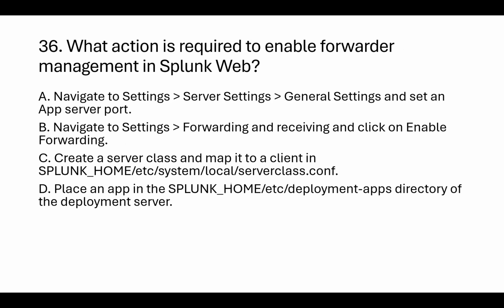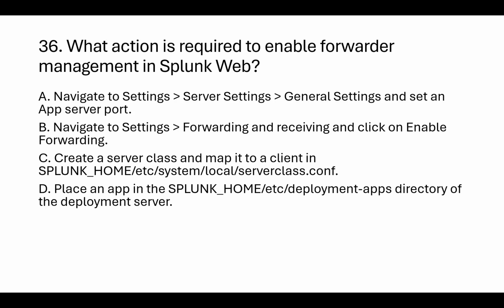Question number 36, what action is required to enable forwarder management in Splunk Web? And here are the options. Option A, navigate to settings, then server settings, then general settings, and set an app server port. Option B, navigate to settings, then forwarding and receiving, and click on enable forwarding.